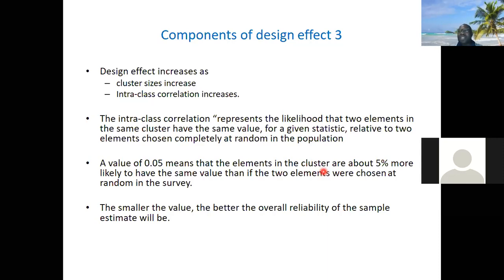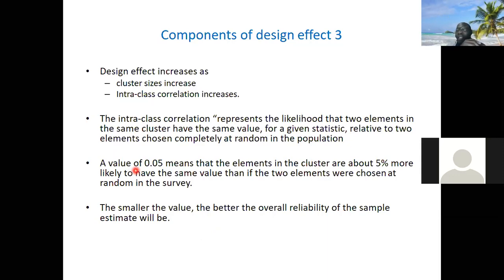They keep on giving you the same thing. So we say that the cluster size is 30, all of them, almost maybe what you get is like you have gotten from only 5 people. The intra-class correlation represents the likelihood that 2 elements in the same cluster have the same value for a given statistic, relative to 2 elements chosen completely at random in the population.